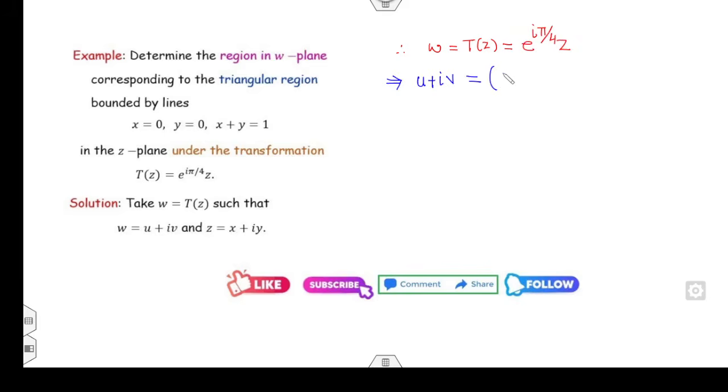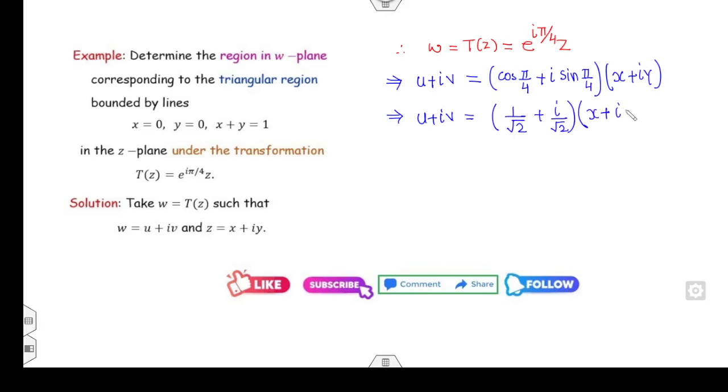What is e raised to power iota pi by 4? It's cos pi over 4 plus iota sine pi over 4, into x plus iota y. Now you can multiply them: u plus iota v is equal to 1 over root 2 plus iota over root 2, into x plus iota y.